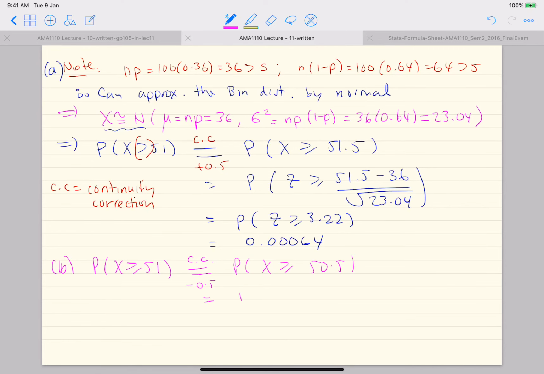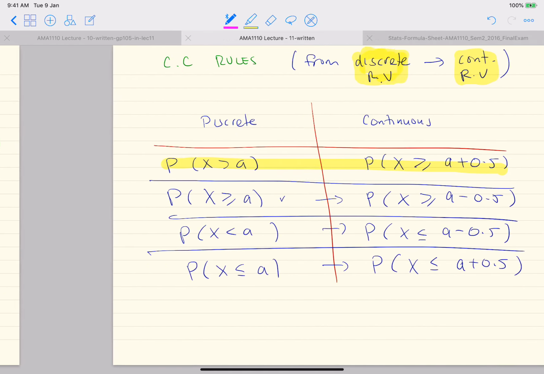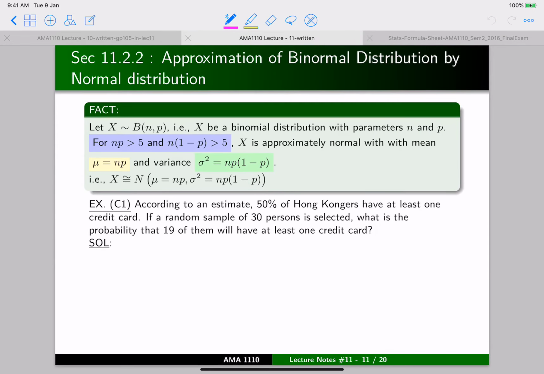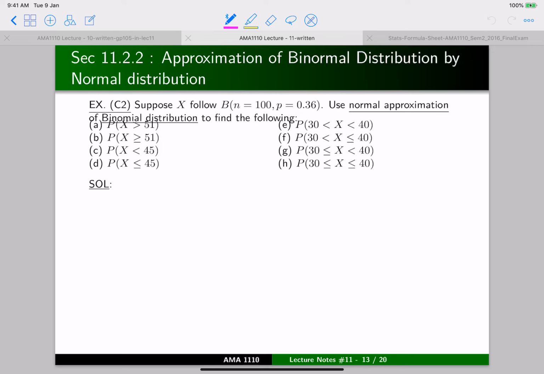Again, we standardize to get 50.5 minus 36 over the square root of 23.04. Put that into the calculator, and looking at the standard normal table, which is what you should know how to do, we get 0.00126.